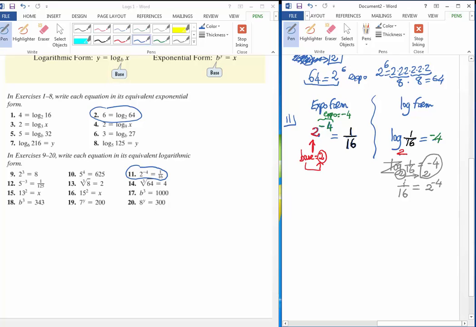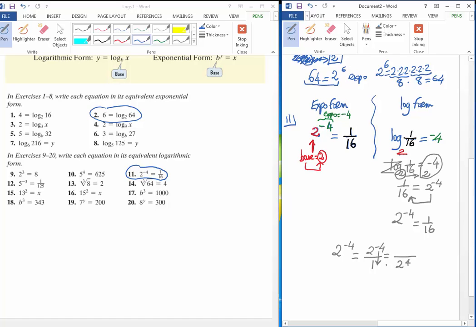You could do it two ways. You could start with the right hand side and show that it is equal to the left hand side by just swapping both sides. You can start with 2 to the -4. What does that mean? This is 2 to the -4 over 1. So you could bring down the 2 to the -4 in the denominator.